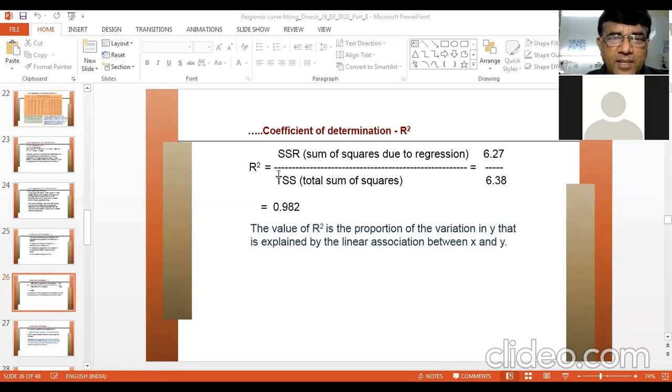There will not be any change. So R square is equal to sum of square due to regression, you have seen in the ANOVA, divided by total sum of square, which is your summation y square. So if you put the value in the last example, you get 0.982. The value of R square is the proportion of the variation in y that is explained by the linear association between x and y.